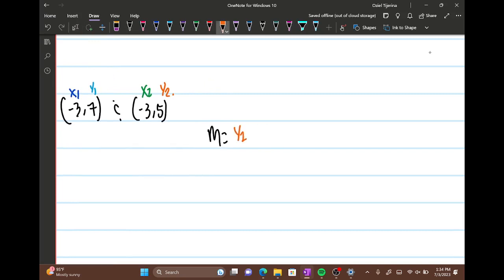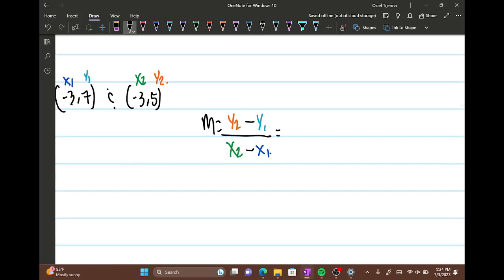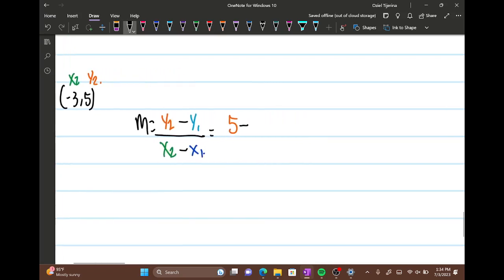So our slope formula, y2 minus y1 over x2 minus x1, right? Now, so we have 5 minus 7, like that.